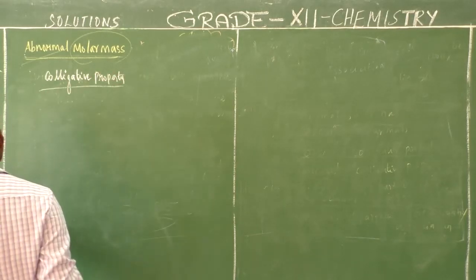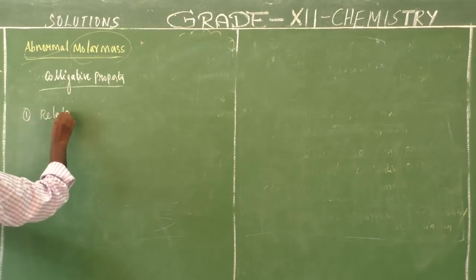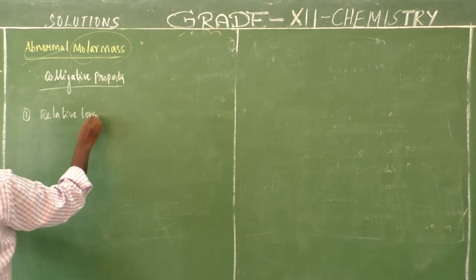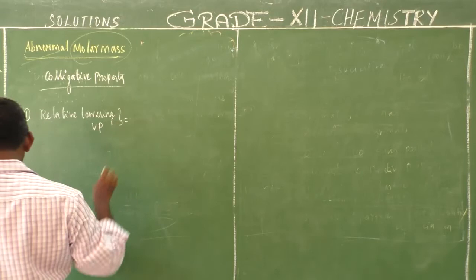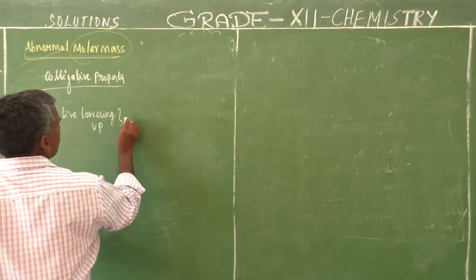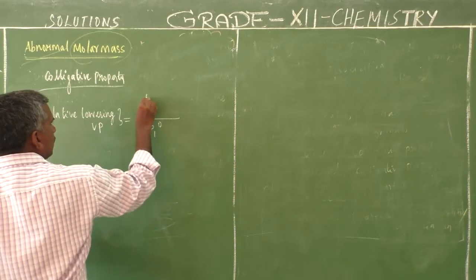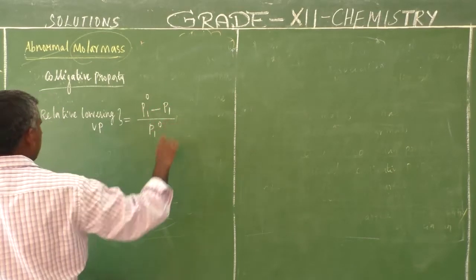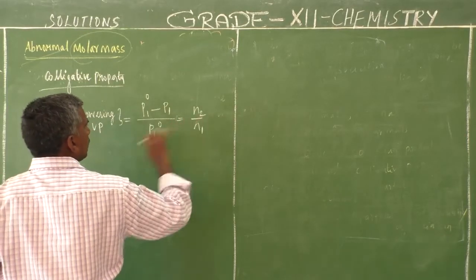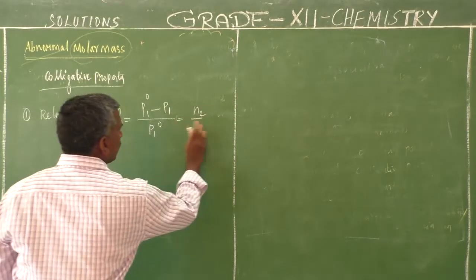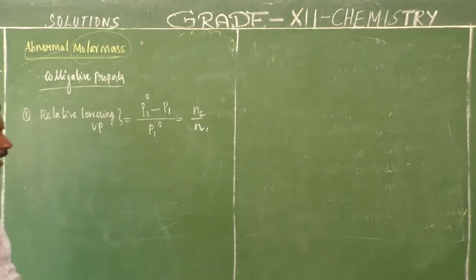Okay, the four colligative properties. First, relative lowering of vapor pressure. Vapor pressure of pure solvent minus vapor pressure of solution, divided by pure solvent vapor pressure, is equal to the mole fraction, N2 divided by N1. This is the first topic, which you learned in the previous class.